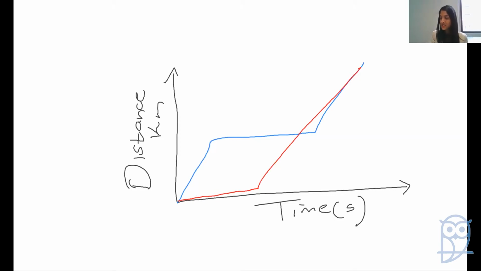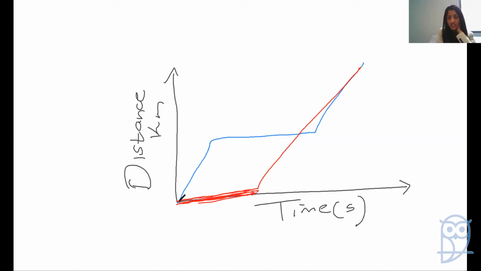What it means is that the lines shown above represent the motion of a car. If we look at the red one, for example, it shows us that the car starts off at a rest point. We can see this on the horizontal axis, and it doesn't cover any distance, because if it covered any distance, it would be traveling upwards.